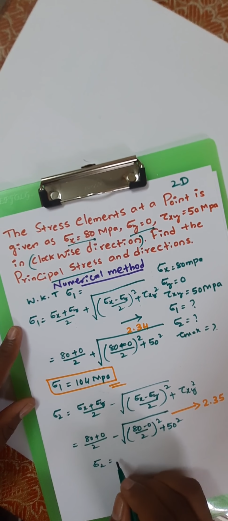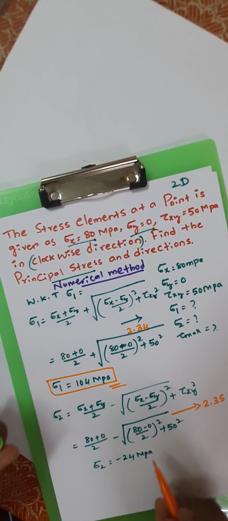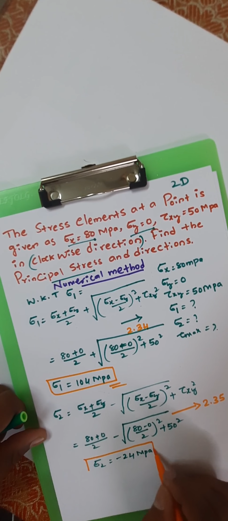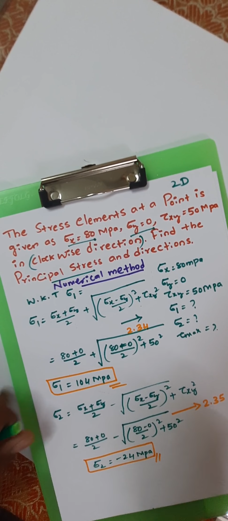If you simplify this equation, you'll get sigma 2 is equal to minus 24 MPa.